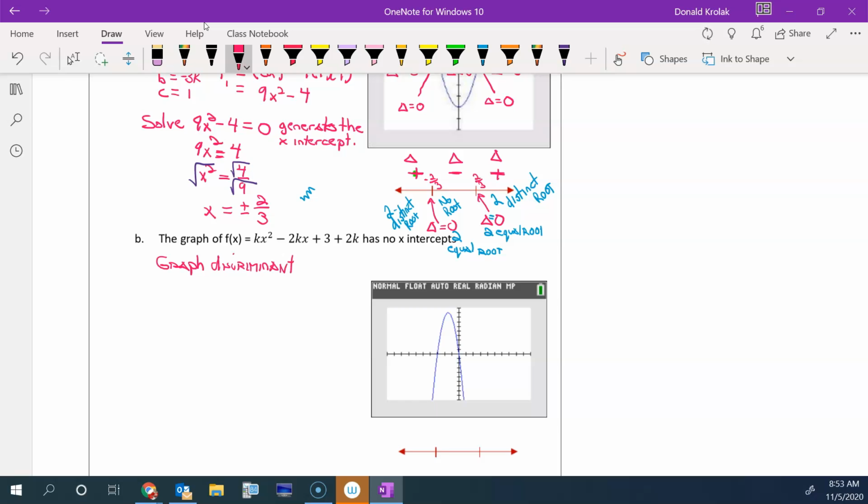In this case, A is k, B is negative 2k, and C is this whole thing, 3 plus 2k.